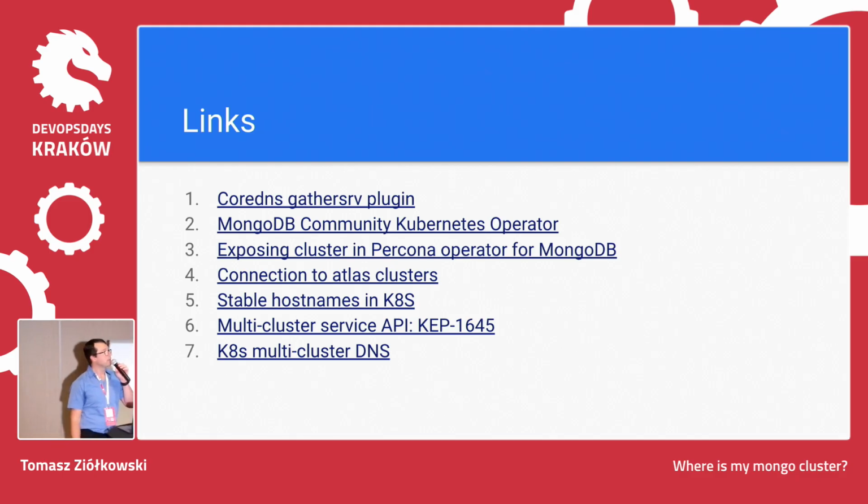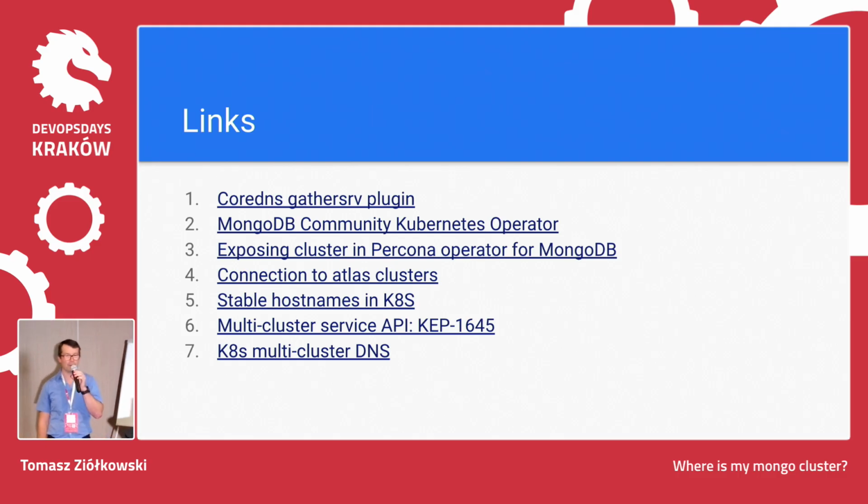There are some links if someone is interested in details of how it works in Kubernetes operators, community operators or enterprise operators, and also what the plans are relating to the multi-cluster services API, because that problem is not the thing that only Allegro faced.